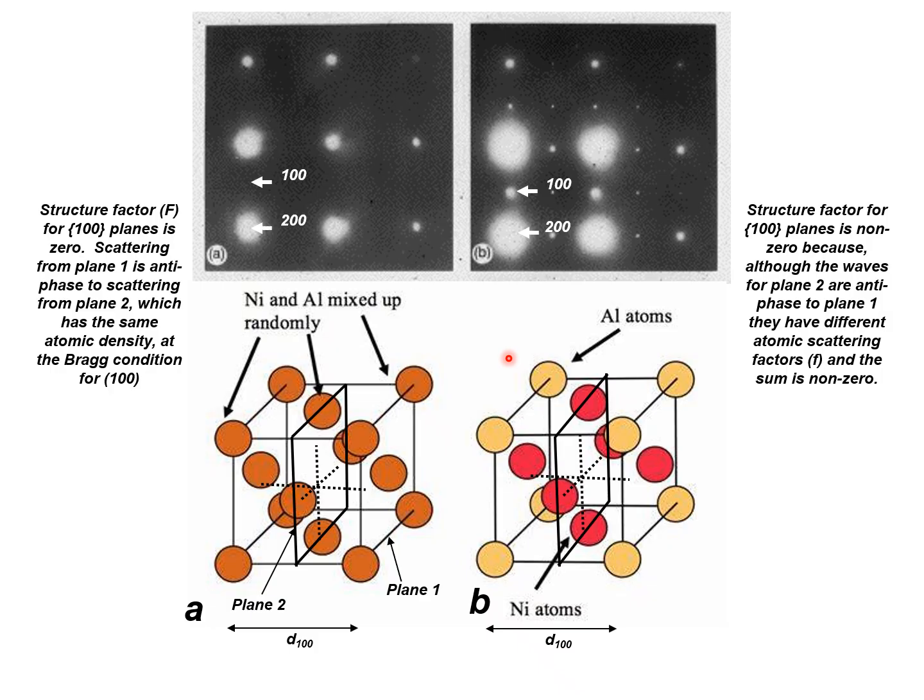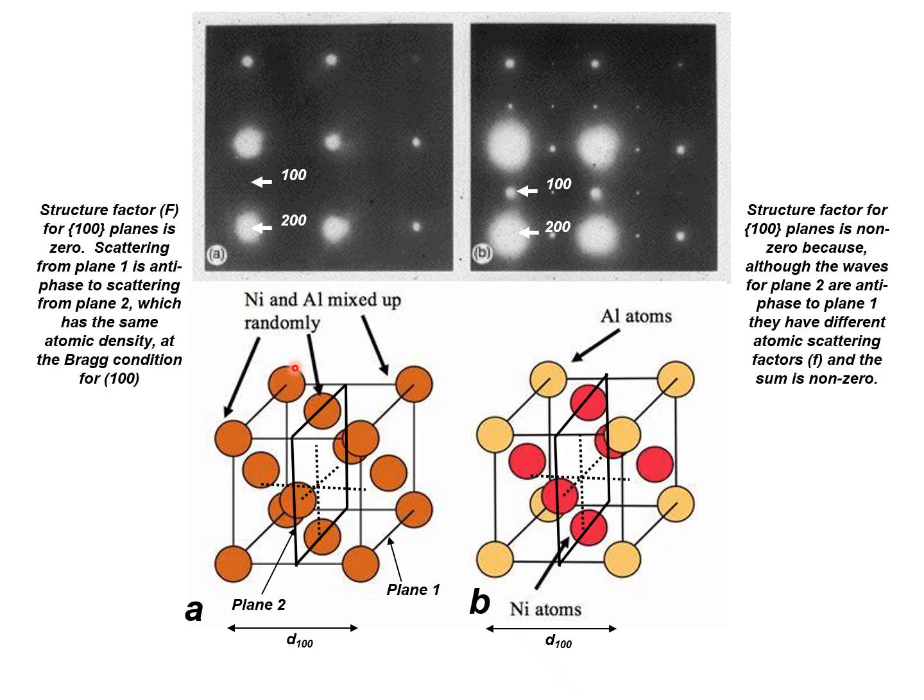Even though in nickel 3 aluminum, the gamma prime, we're basically talking about an FCC crystal, the fact that the atoms are ordered is the reason why we get some intensity.